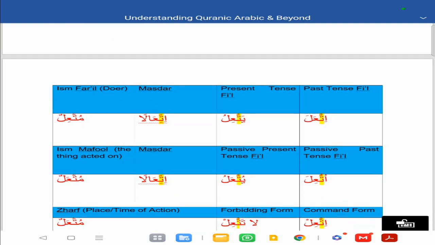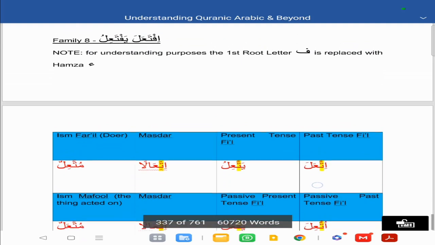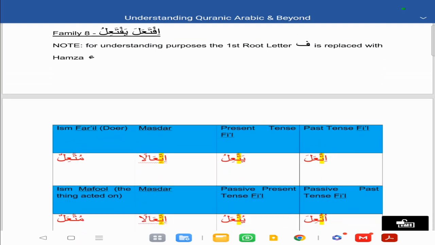And the reason, if you look at the yellow highlighted, why it takes a ta with the shadda is because in this family, if we look at the title, ifta'ala yafta'ilu, you get an alif with a kasra that's added extra. The first root letter fa gets a sukoon, and then an extra ta is inserted between the first root letter fa and the second root letter ain, and that's what makes ifta'ala.